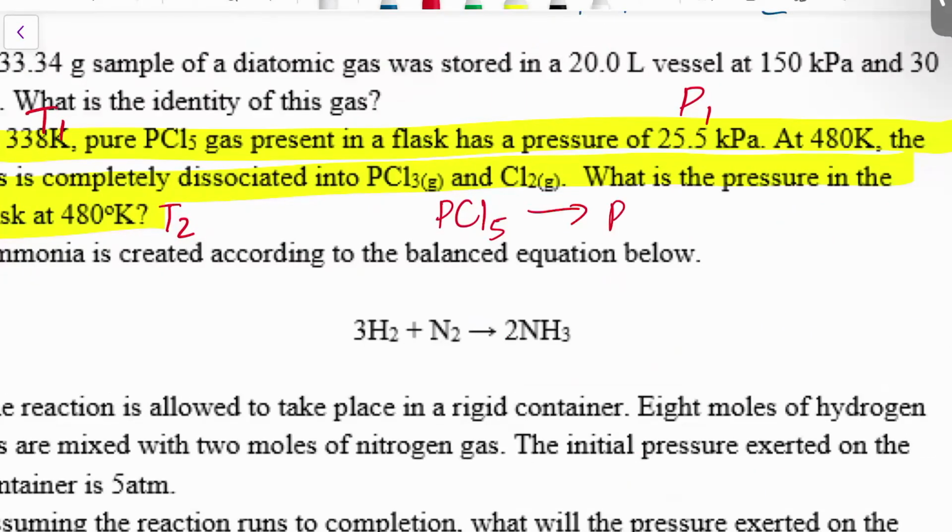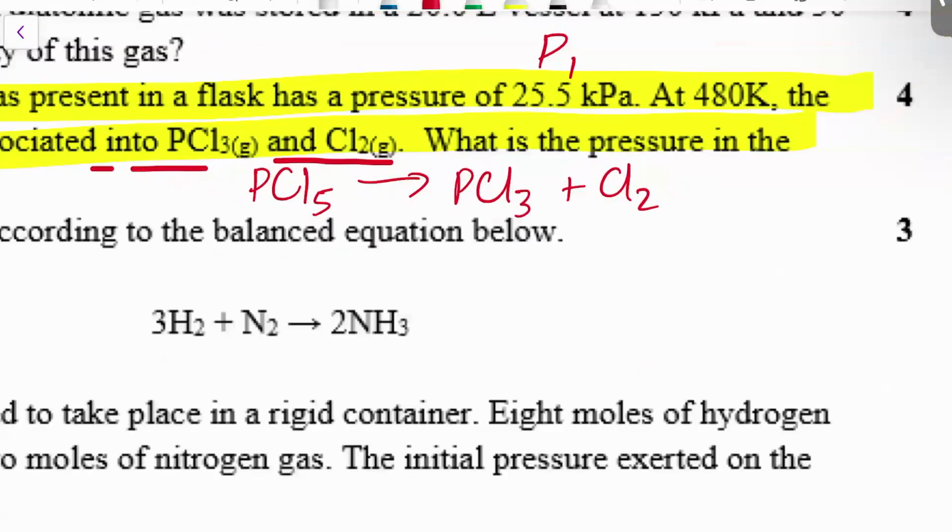At the start, you have PCl5. The question tells you it completely dissociates into PCl3 plus Cl2. Tell me, how many moles are there at the start in the equation?